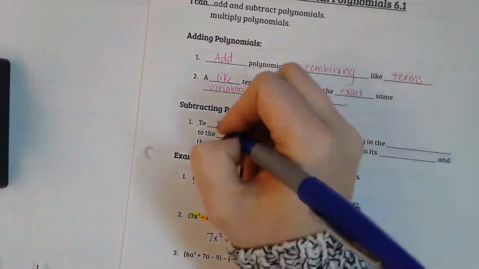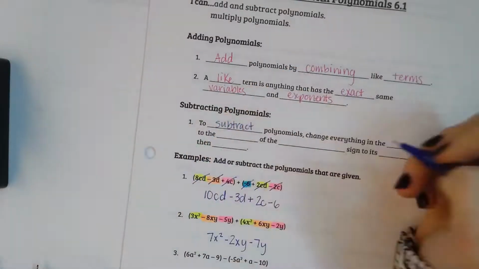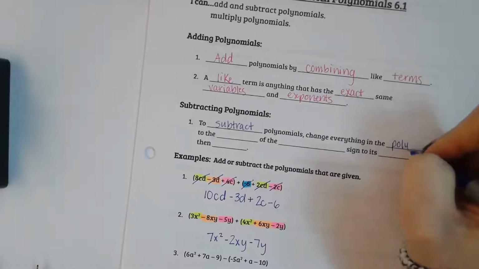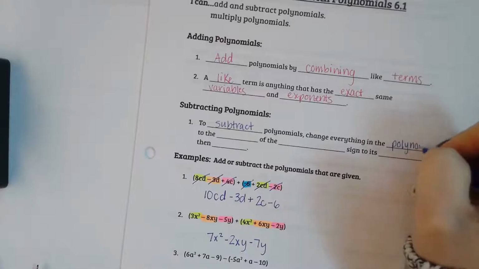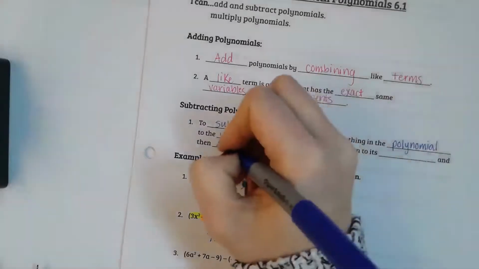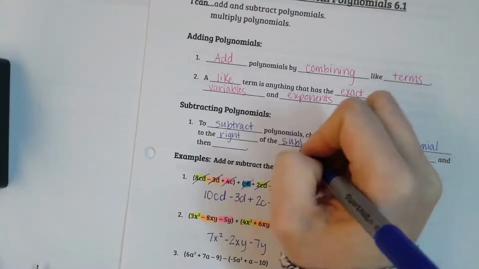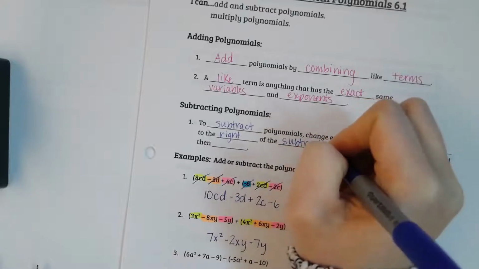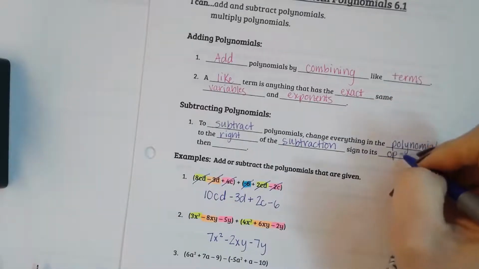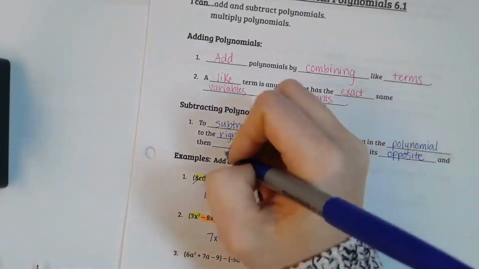Now to subtract polynomials, you're going to change everything in the polynomial to the right of the subtraction sign to its opposite sign, and then add.